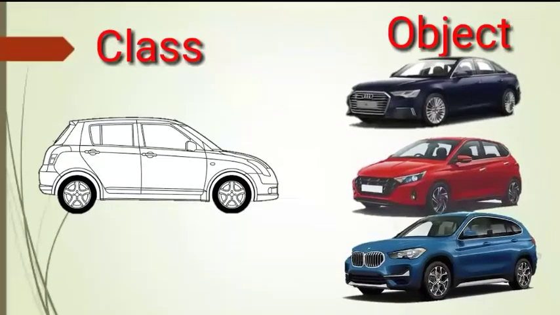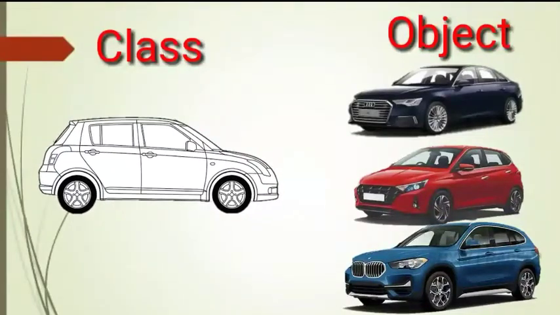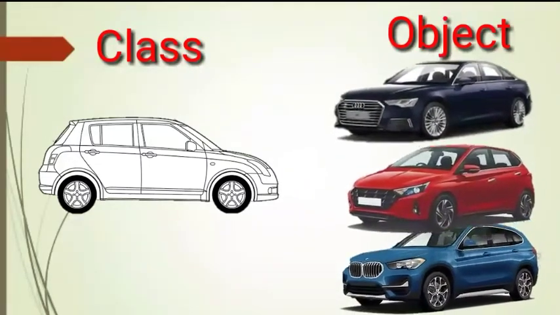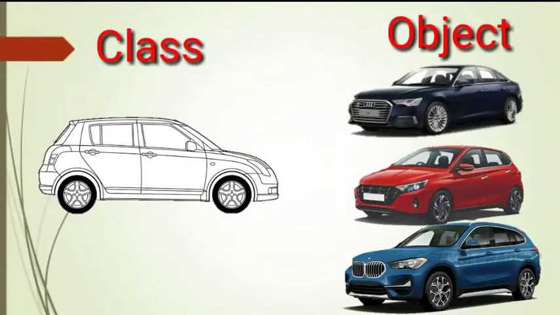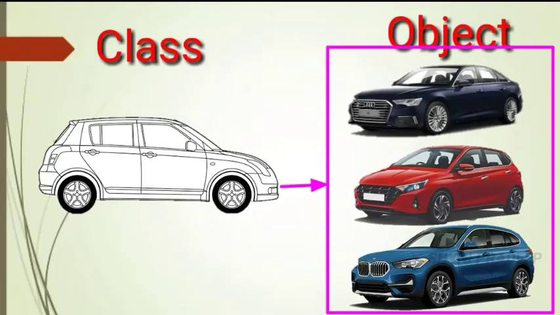These car companies will use the variables and methods from the blueprint, which means all the cars consist of an engine, all the cars consist of a body part, all the cars will take fuel. So all these objects come from the blueprint car, and the car may be of any type, maybe Audi or BMW or i20. So the collection of objects is called a class, whereas an instance of a class is called an object.